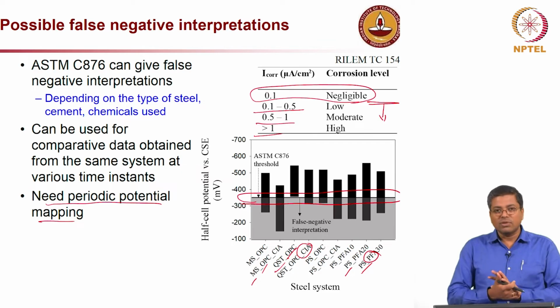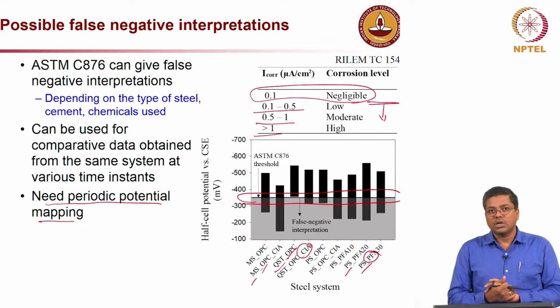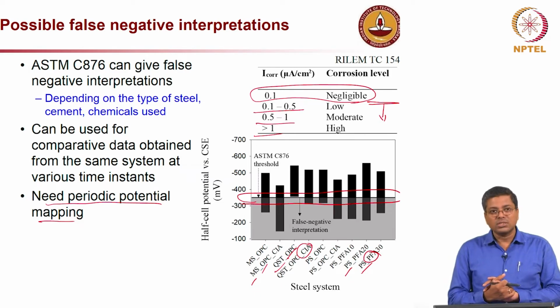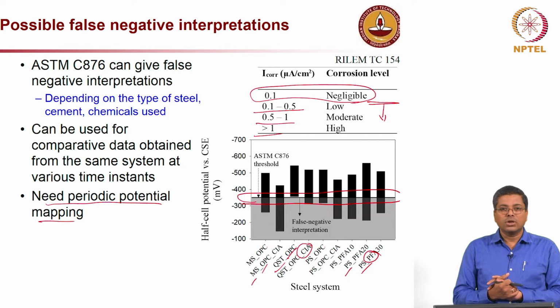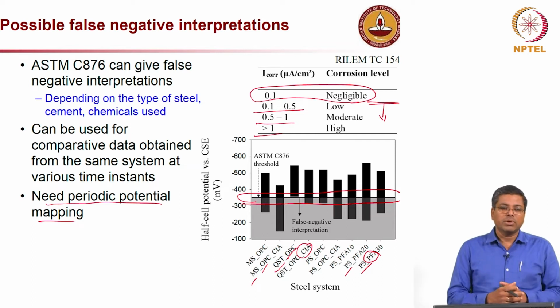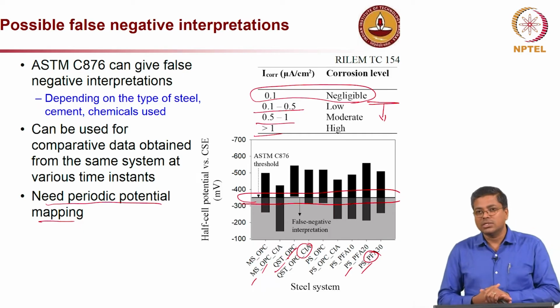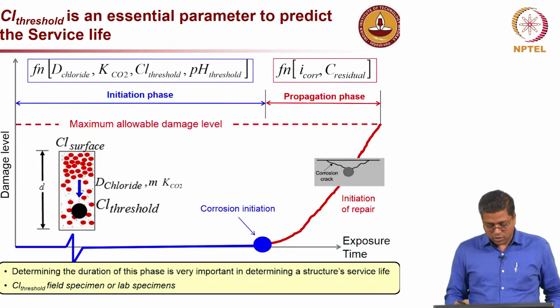This is something very important about potential mapping. We have to be very careful in using these numbers, and this criterion of minus 350 millivolt should not be blindly used. We should rely on comparative measurements, looking at which area is more positive and which is more negative, and then say that the more negative region has higher probability of corrosion.